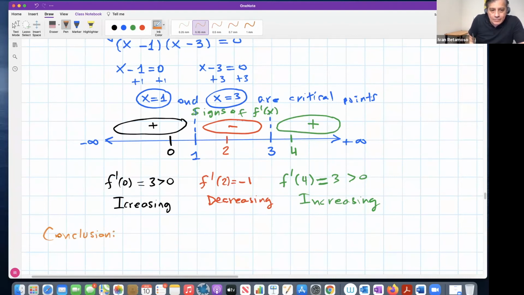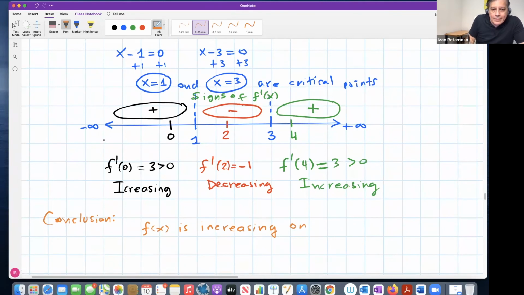To answer the questions on the worksheet, f of x is increasing on the interval from negative infinity up to 1, together with, using the union symbol, 3 up to infinity.